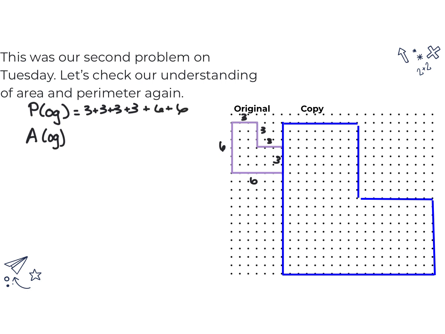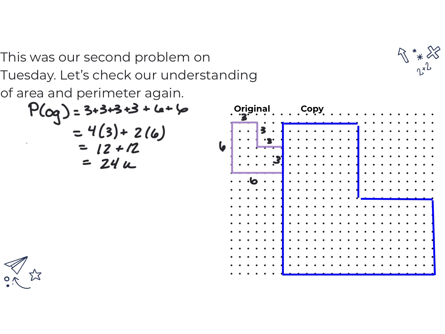And one thing I want you to always be thinking about is this idea of writing things in a simplified form. So if we simplify this, I have 4 groups of 3 plus 2 groups of 6. I have 12 plus 12. The perimeter of the OG is 24 units. Does that make sense? I hope so.